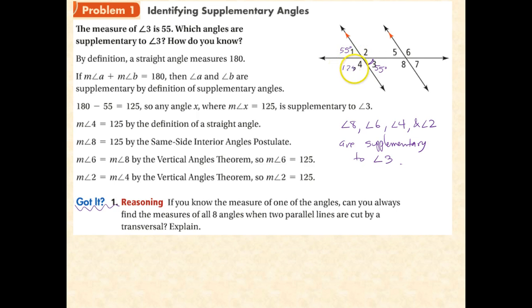This was 125, and then vertical angles says 125. 3 and 8 are supplementary, so that's 125. 8 and 7 are supplementary because they are a linear pair, so 7 is 55. 8 and 6 are congruent, so 6 is 125 degrees. 5 and 7 are congruent because they're vertical angles. That's 55 degrees. So yeah, if we know one of the angles, then we know all of the angles. Bada boom, bada bing, bada bang, bada boing.